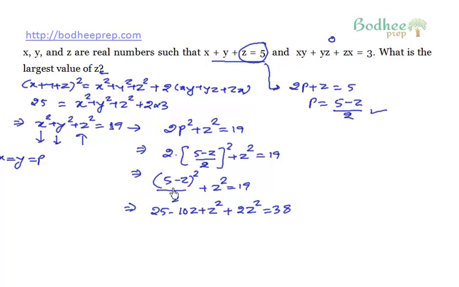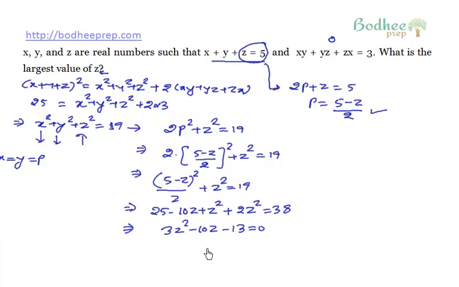I've just expanded 5 minus z whole square and multiplied the equation by 2 simultaneously. Now rearranging them, it will be 3 times of z square minus 10z minus 13 equal to 0.